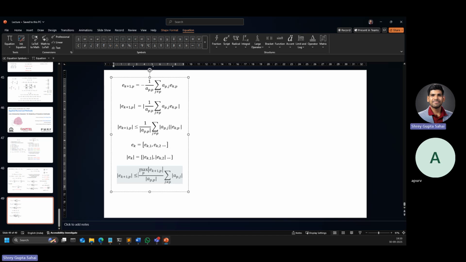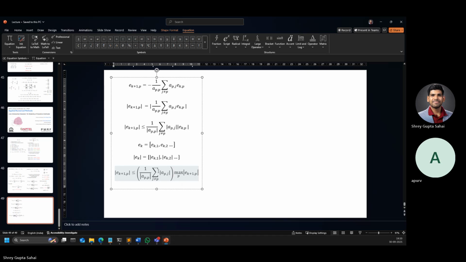Have I written this down correctly or incorrectly? Because these are positive numbers, we can actually write this. Is this okay? This part.